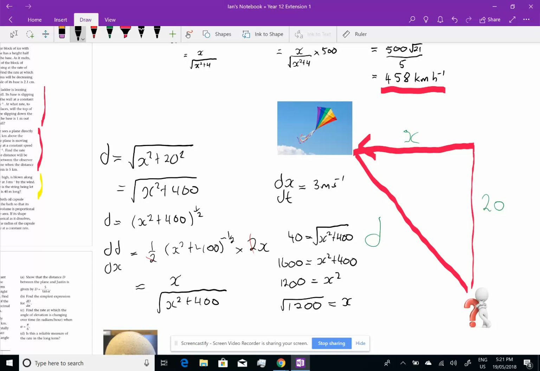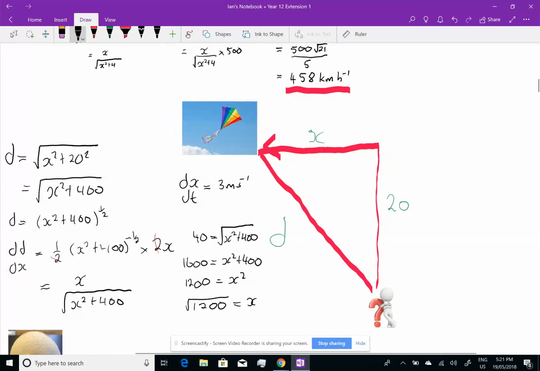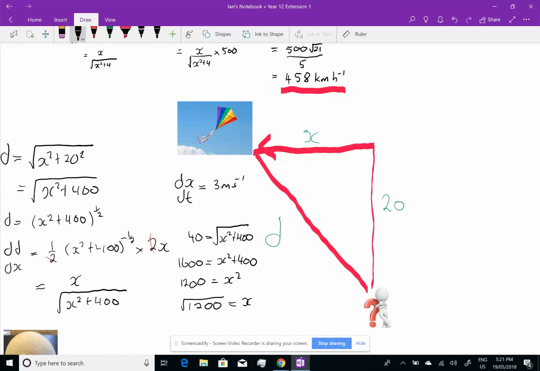What do we need to find? We need to find dD/dt. Well, we've got dD/dx, and we've got dx/dt, so we're away.